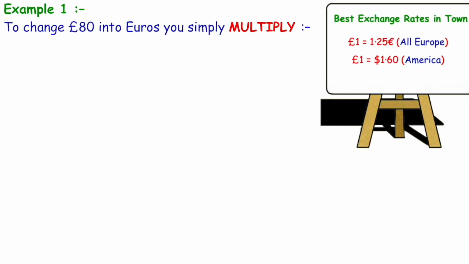So let's look at this example here. We're going to change £80 into euros, and all you have to do is multiply the numbers together. We're trying to find euros, so we're going to use the 1.25. So £80 is equal to 80 times 1.25, which we've got from the table on the right hand side for euros.